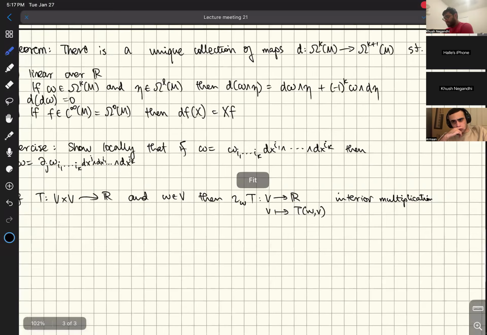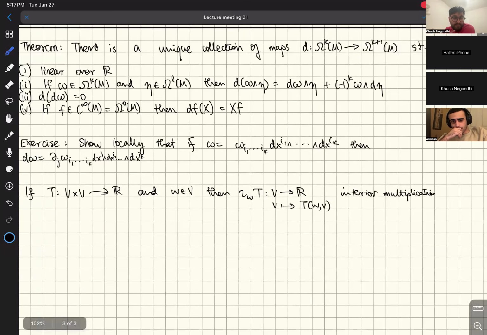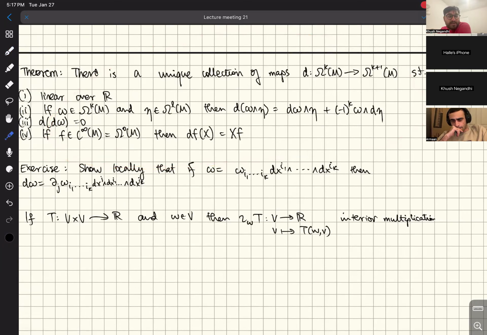What we'll see is there's a coordinate free description of d omega as a function on vector fields. I mean, this is already coordinate free, it's not like this has many coordinates. Let me just find it because the formula is kind of hard to remember.